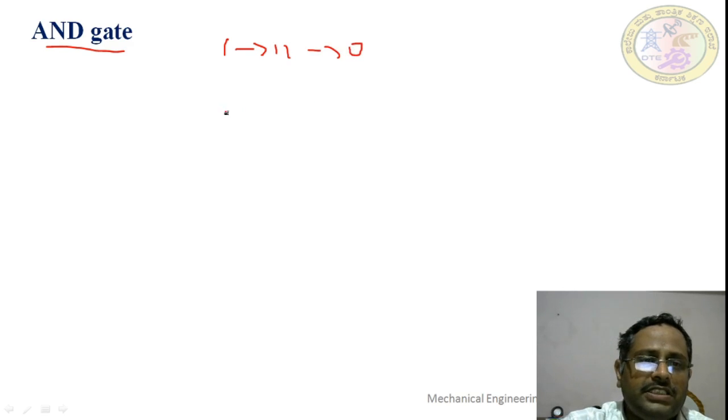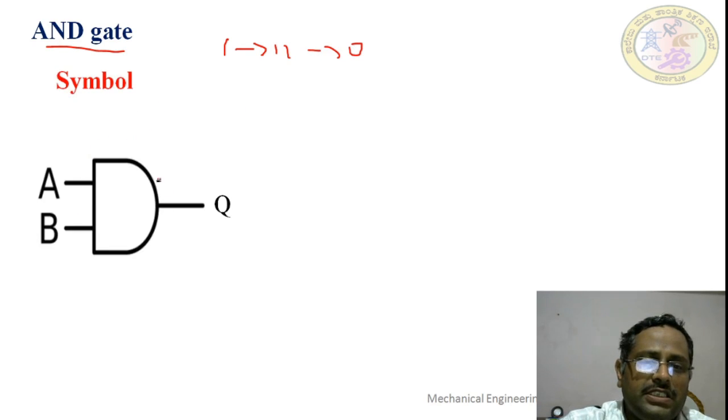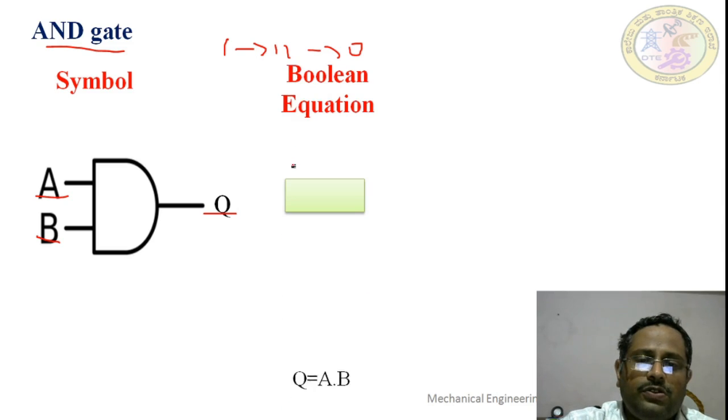We'll see the symbol used to represent the AND gate. This is the symbol, where A and B are the inputs and Q is the output. The Boolean expression used to represent the AND gate is Q is equal to A dot B. This dot represents the AND function, or sometimes we can write directly AB, that is also okay.